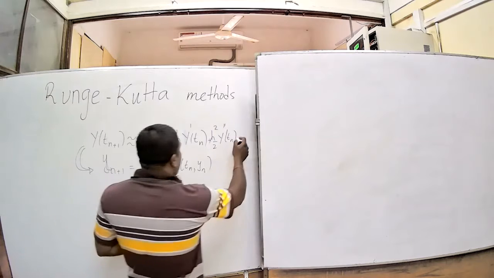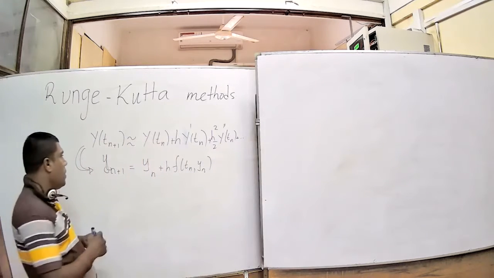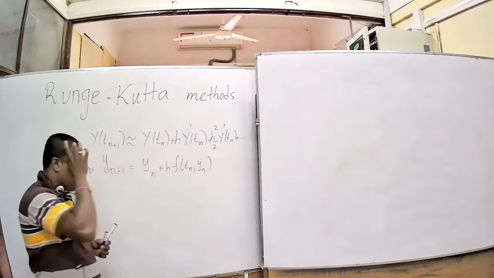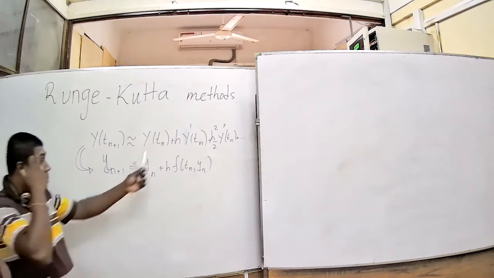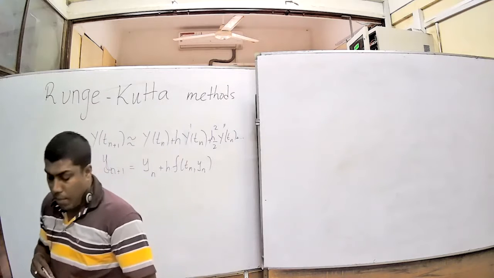If you have one more term, that would be a much better approximation. Because all these are approximations, as long as you increase the number of terms on the right hand side, you get better and better approximation.